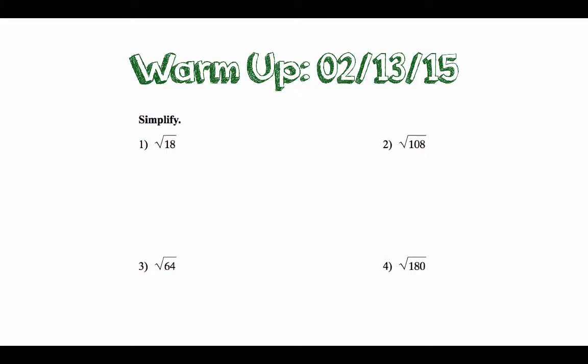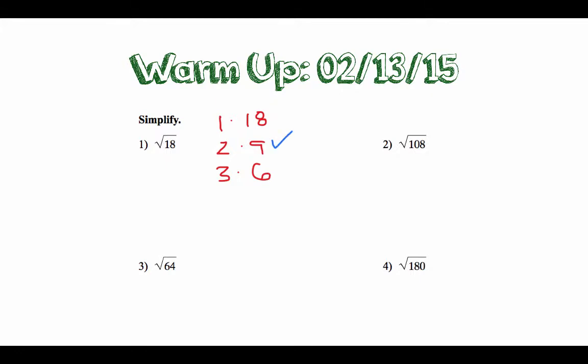So when it says simplify a radical, what we want to do is get it to the simplest form. So we want to look for the factors to make sure that we can find a perfect square. When we take a look at 18, we get 1 times 18, 2 times 9, and 3 times 6. All three of those give us 18, but only one of them has a perfect square.